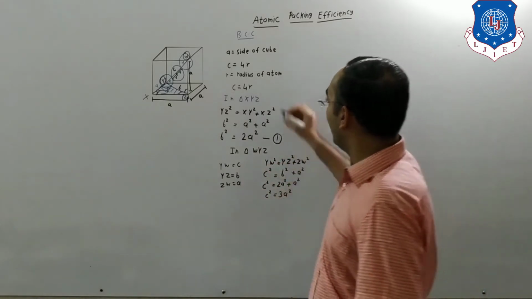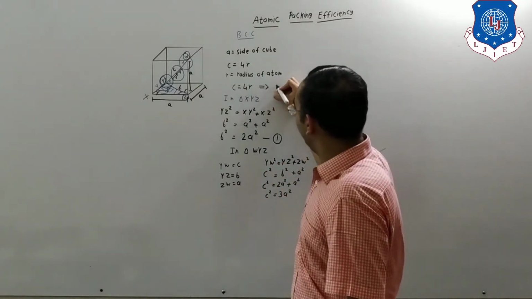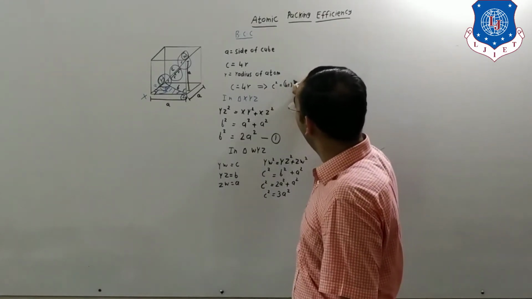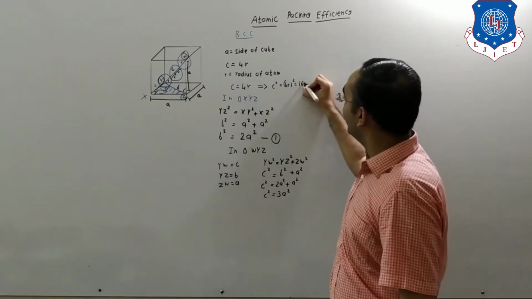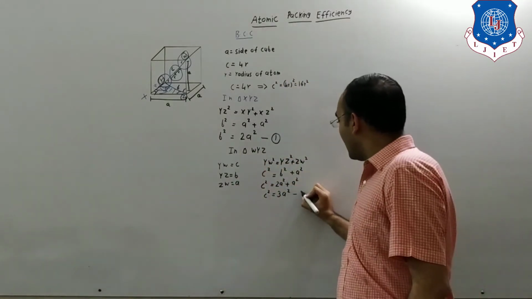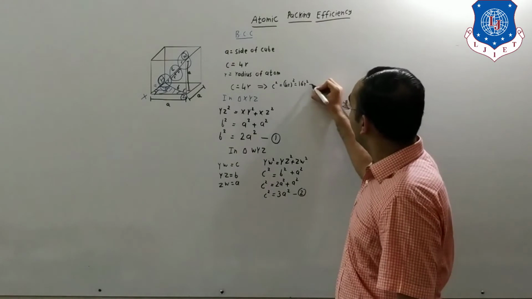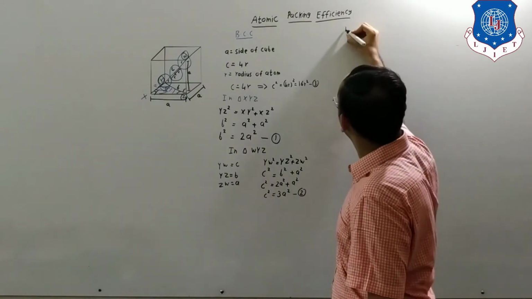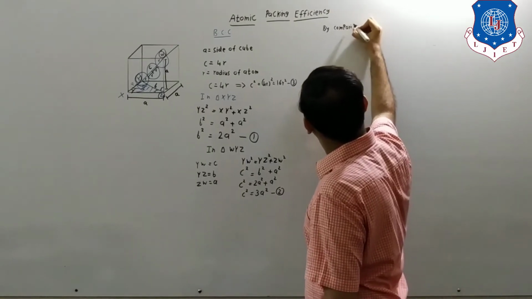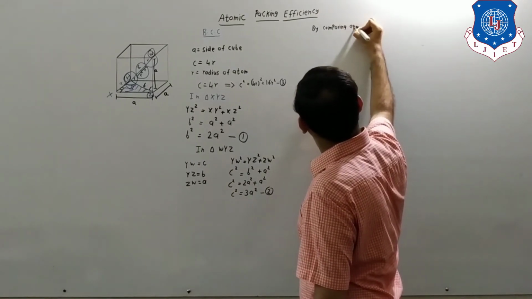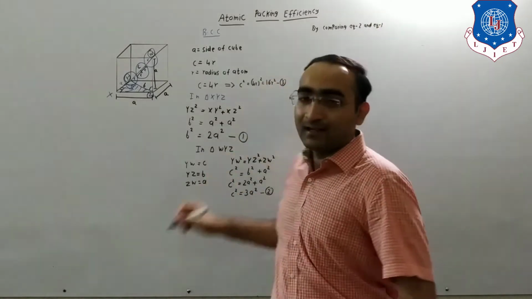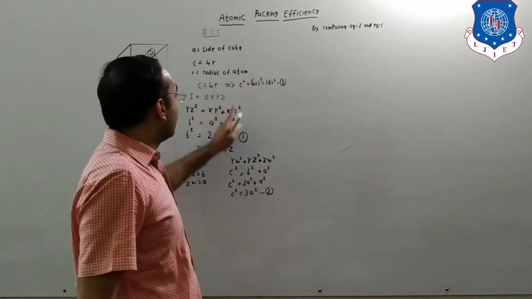Clear? Now, let us convert this thing as C square is equal to 4r the whole square. So it will become 16r square. Now comparing this second one and this third one, by comparing equation number 2 and equation 3, both are in the form of C square.